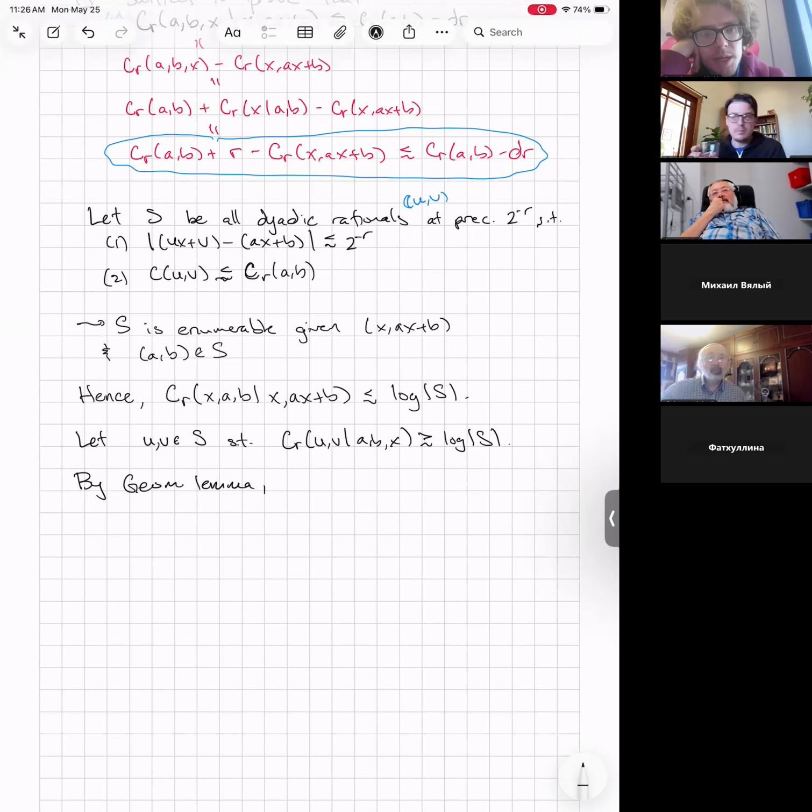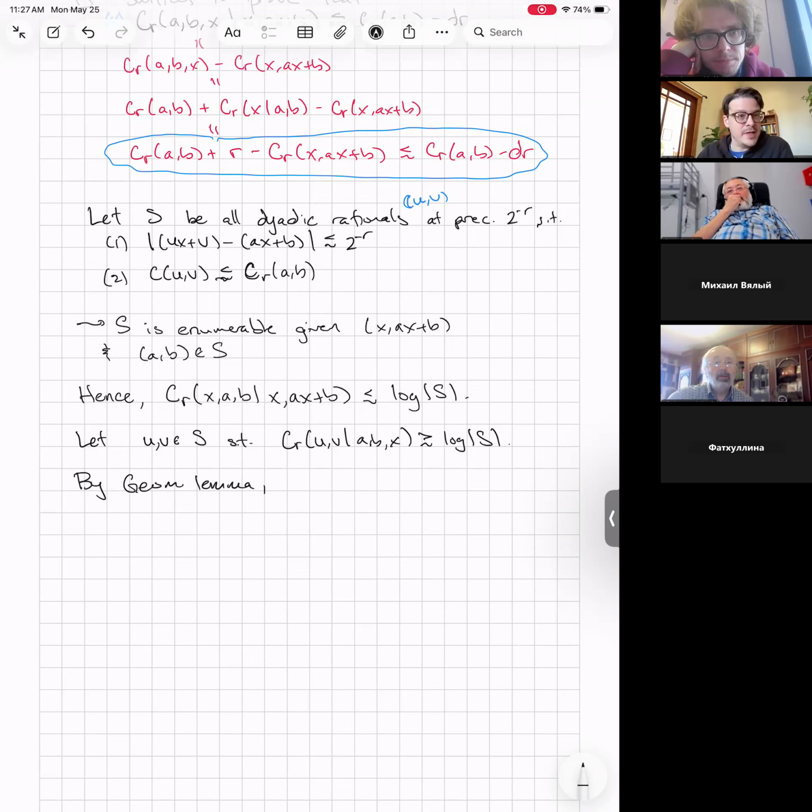We're conditioning on a and b. If a, b is the maximally complex line in the set, then the set is a singleton.